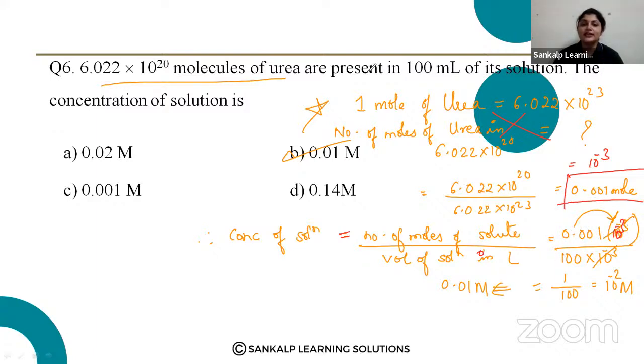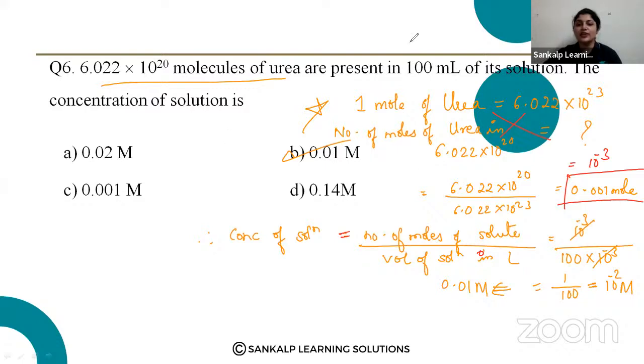Then the volume of solution in liters is 100 divided by 1000, so 1 by 10. Simple calculation, it gives 0.01.